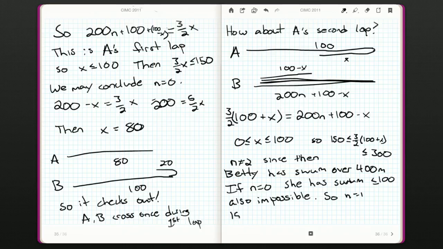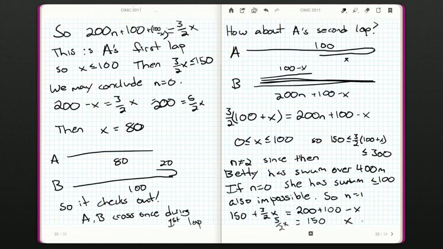So then we have 150 plus 3/2 x is equal to 200 plus 100 minus x. So we can rearrange that. That's 300, 150. So we should just get 150 on this side equals 5 over 2x.